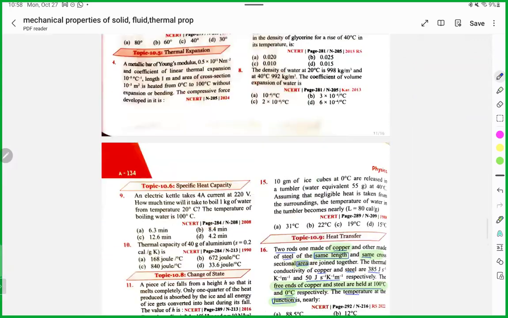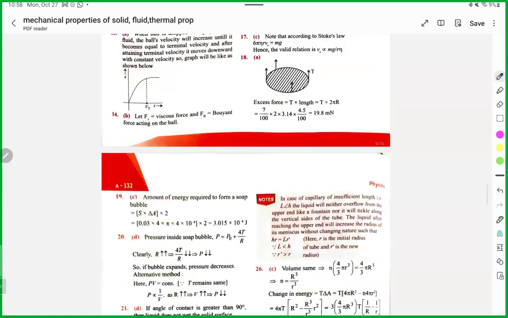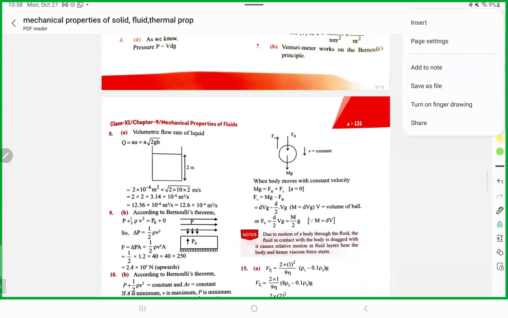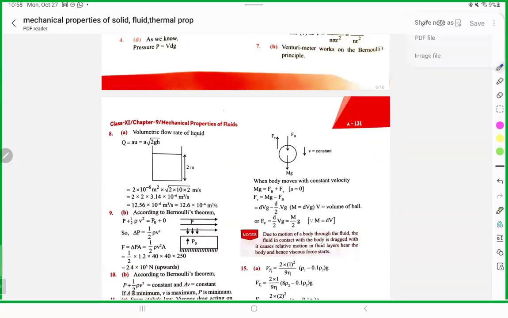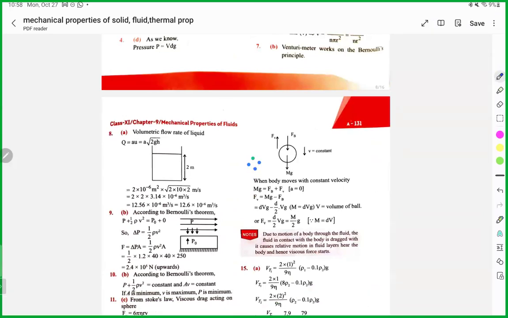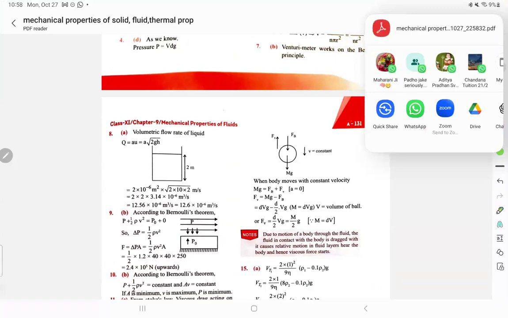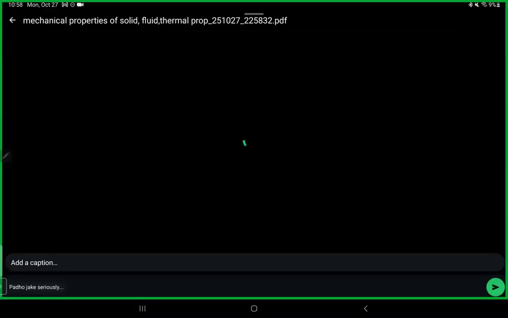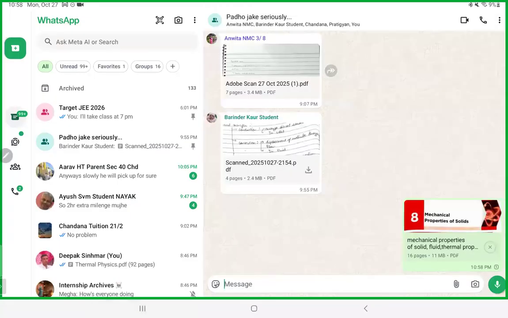Okay, so finish this PDF I'm sending you in the group as well. And we are officially done with thermal properties of matter and thermodynamics. We did thermodynamics questions as well in class.